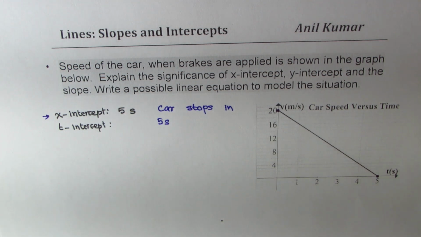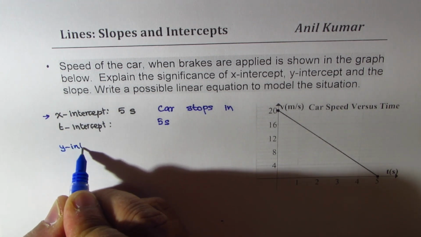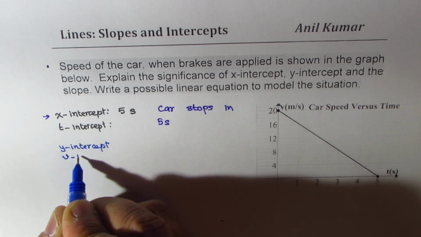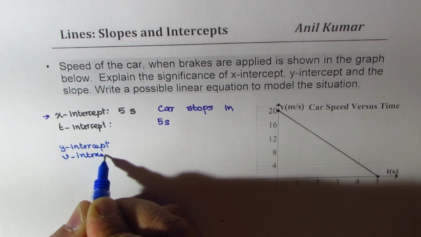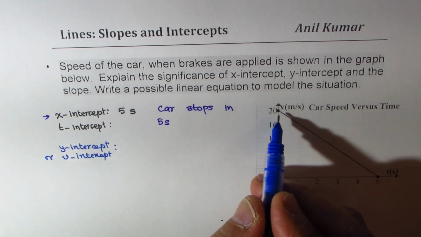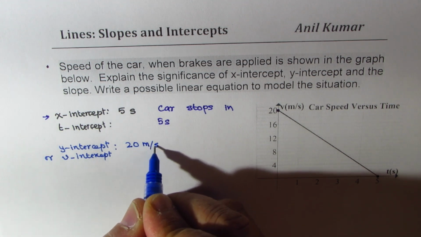Now, let's look into the y-intercept part. So the y-intercept, which I could have said as the velocity v-intercept, right? It is 20 meters per second.